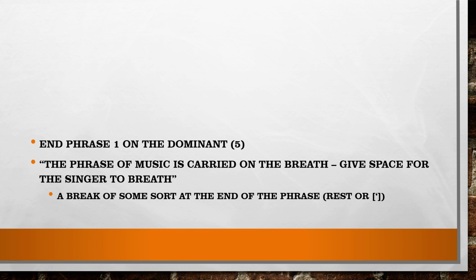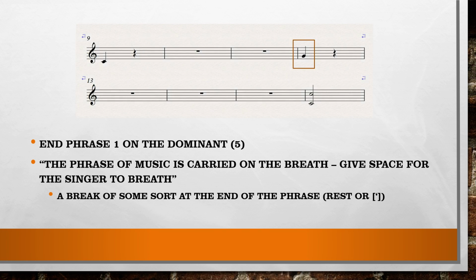And likewise, most of you play wind instruments, so it's really important to leave space in order for your instrumentalists to breathe as well. So we usually leave some kind of break. If you're going to do a half note, maybe leave a breath mark or something like that, so that we've got some clear space to breathe, and that indicates that the phrase is ending.